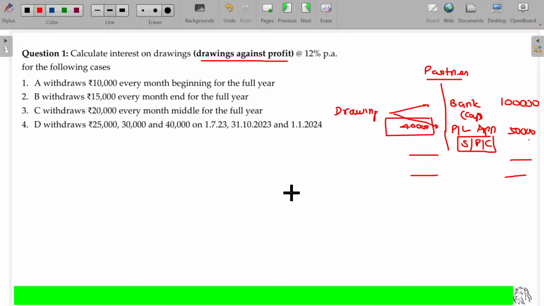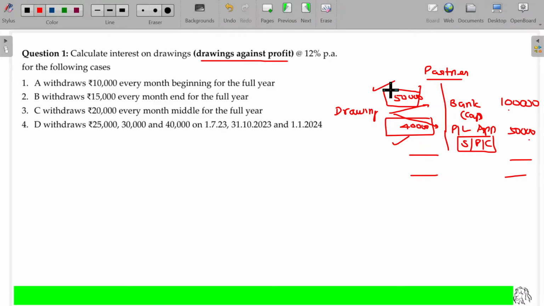I want to reduce my capital contribution in this business because I plan to go for some other major investment in my life. So he wants to go out of the business, at least 50%. He says, out of this 1 lakh, I will take around 50,000 rupees. This one is called drawings out of profit. This one is called drawings out of the capital.